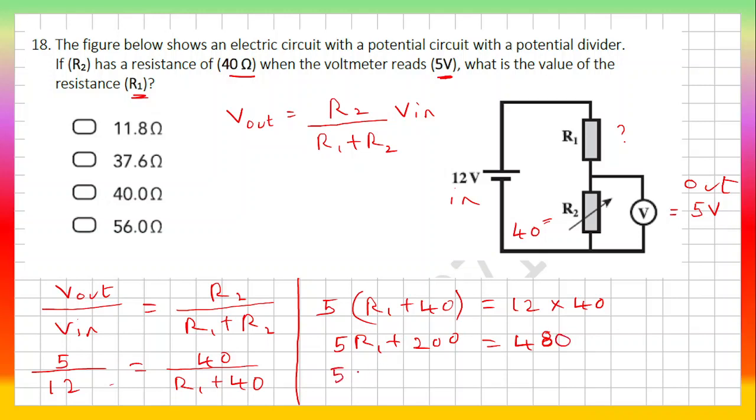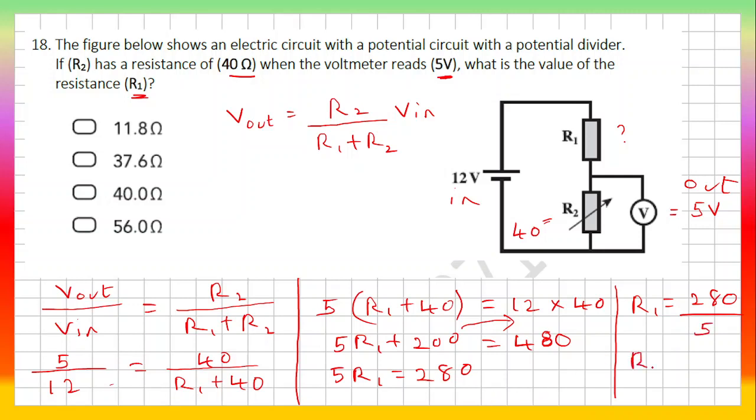So 5R1 will be equal to, 200 will cross to this side, it will be minus. So 480 minus 200, you end up with 280. Yes. So from there now we can get our R1. So R1 will be, you divide both sides by 5. So you divide 5R1 by 5 and then 280 by 5.